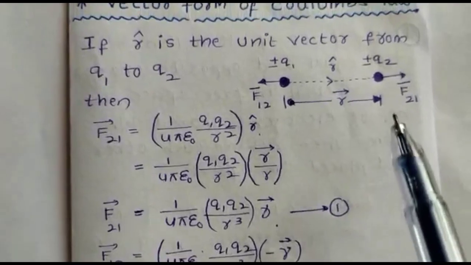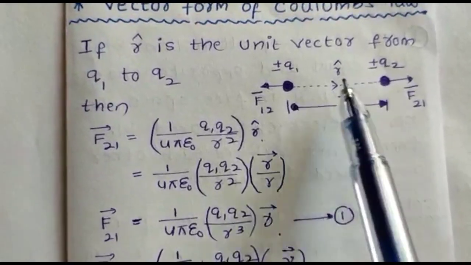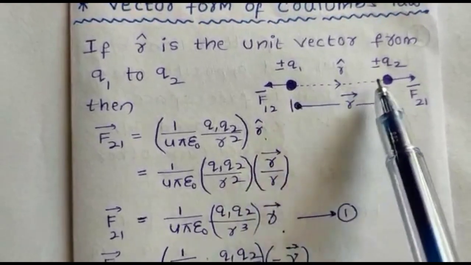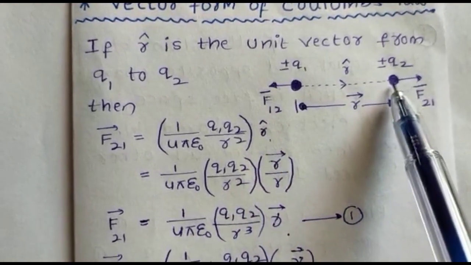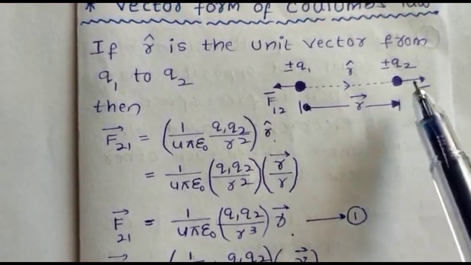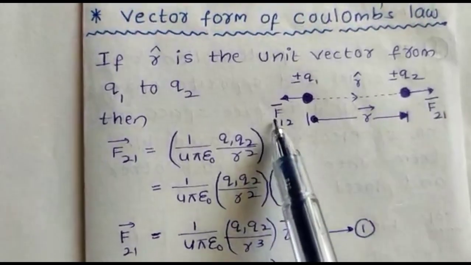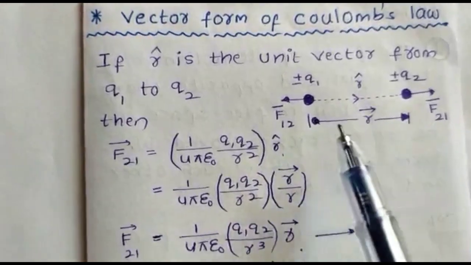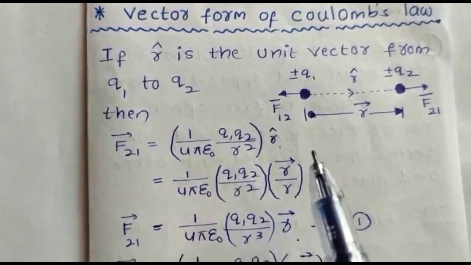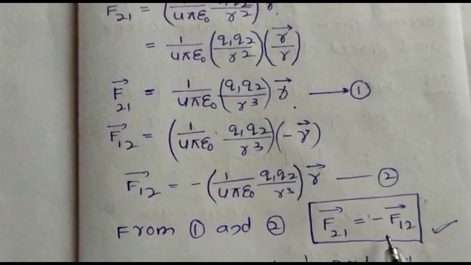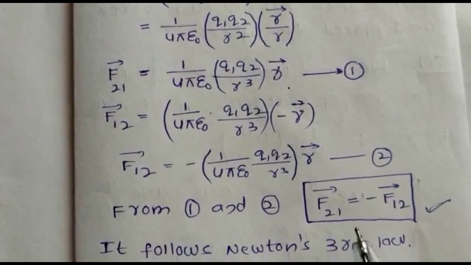How much force the second charge applies on the first charge, the first charge also applies the same amount of force on the second charge. Both are equal in magnitude. For example, if it is 20 Newton, this is also 20 Newton; if it is 30 Newton, this is also 30 Newton. But both always act in opposite directions. That sense can be known by using this. This is nothing but Newton's third law.